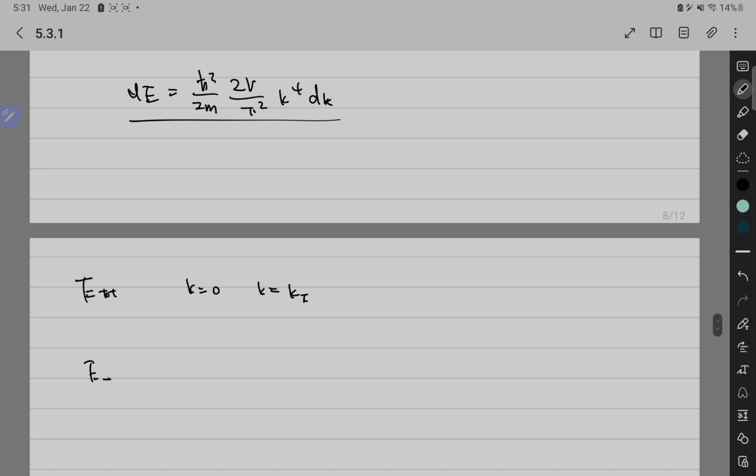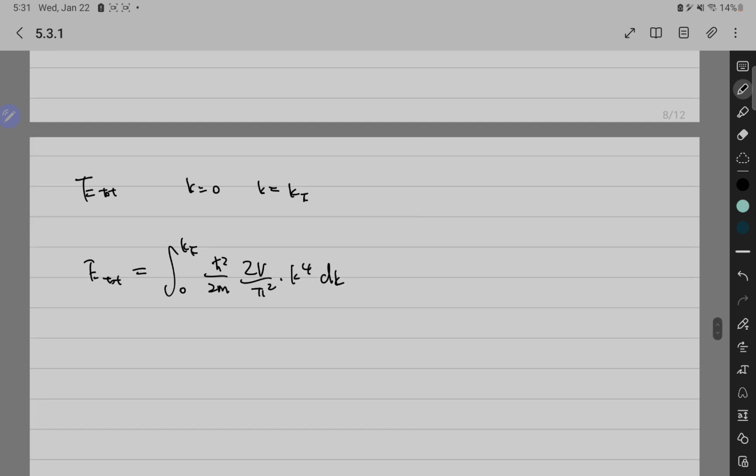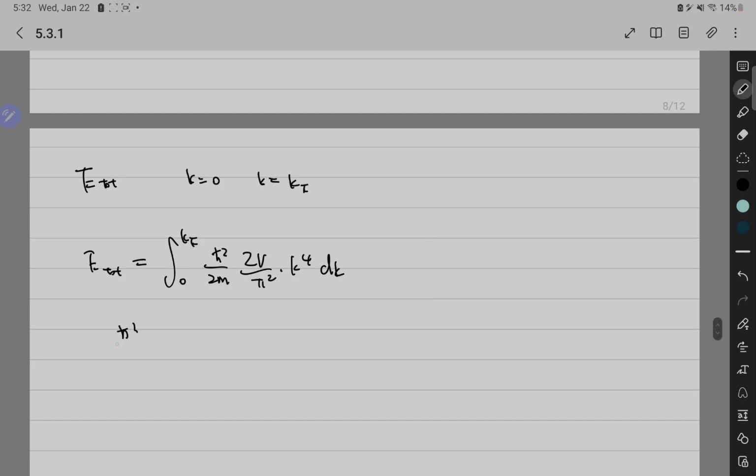So E total is going to be the integral from 0 to kF of h squared over 2m times 2V over pi squared times k to the power 4 dk. And we just factor out our constants, right? h squared over 2m is a constant, V is also a constant, pi squared is also a constant.